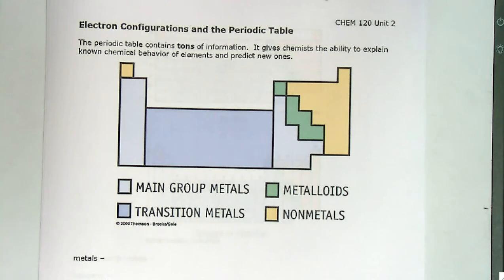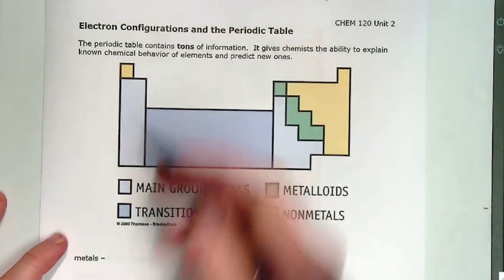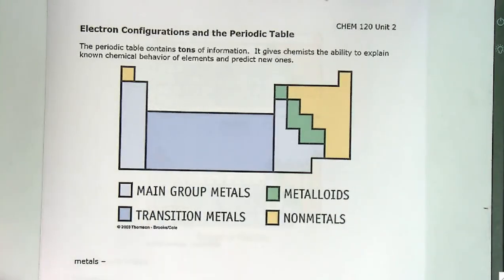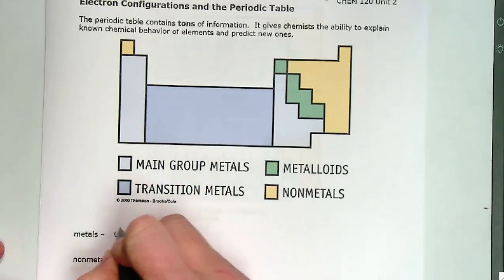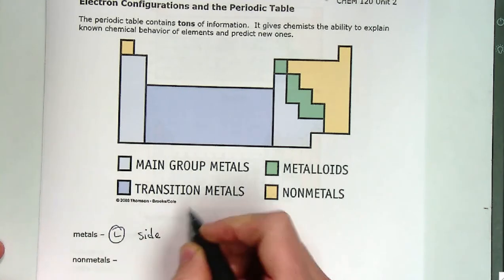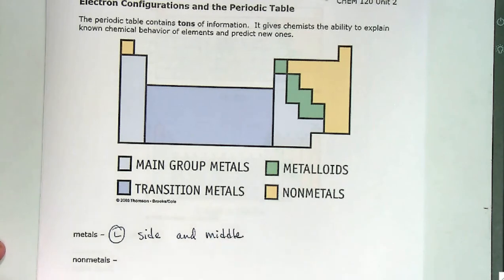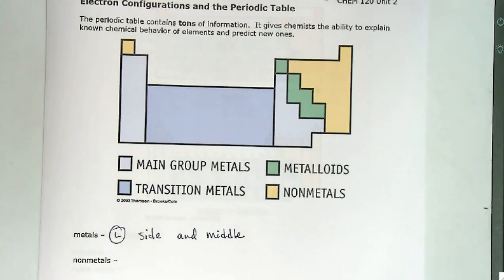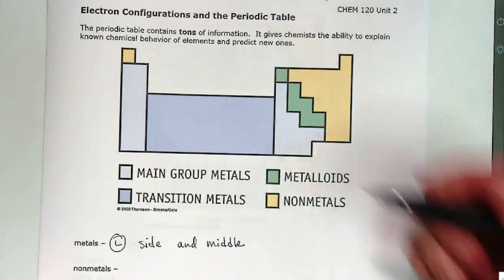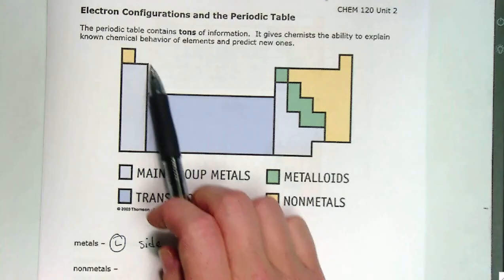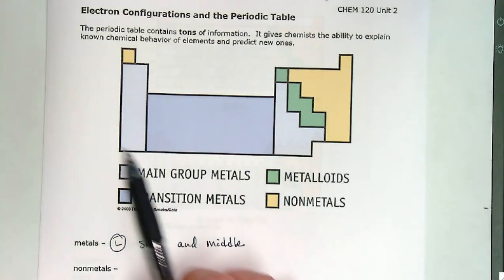The periodic table is grouped into metals and non-metals. The metals are on the left side of the periodic table, left side and middle. They're in this light purple. Probably when you printed yours off, unless you printed off on a color printer, you didn't get this nice color. But the metals are this lavender.